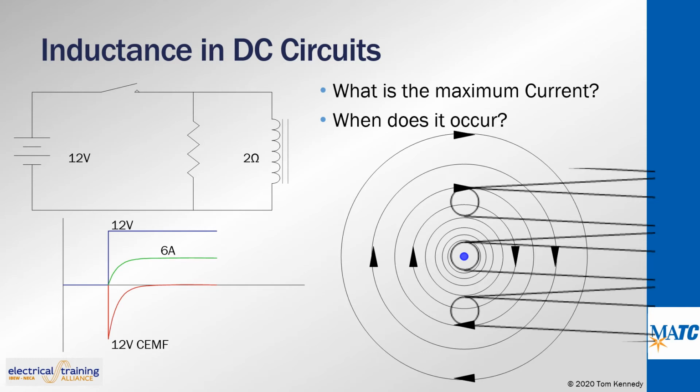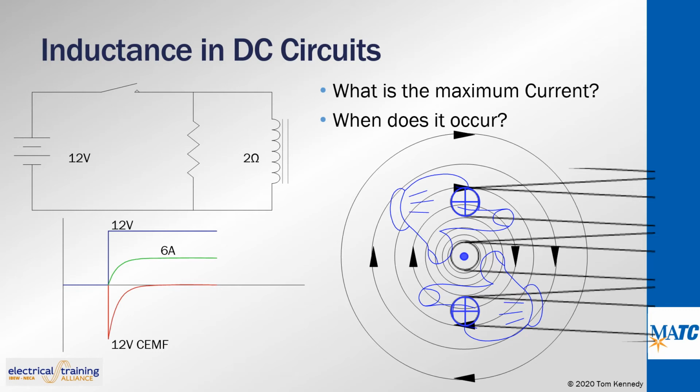A DC circuit will go from 0 to 12 volts applied across the inductor instantly when the switch is closed. The expanding lines of flux will create CEMF as the expanding magnetic field interacts with adjacent conductors. As shown with Fleming's left-hand rule, this CEMF will limit the amount of current in the circuit during the period that the magnetic field is expanding.